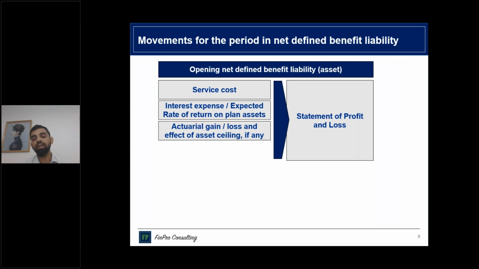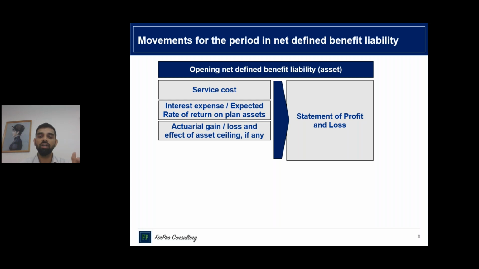Let's say that while estimating the total liability, the company had considered a salary escalation rate of 10%. Year on year, the salary of an employee would increase by 10% on an average basis. However, let's say after 3 years, the employee retires from the organization. His salary increased year on year only to the extent of, let's say, 7%, not the 10%.